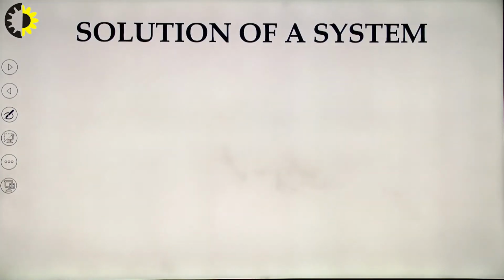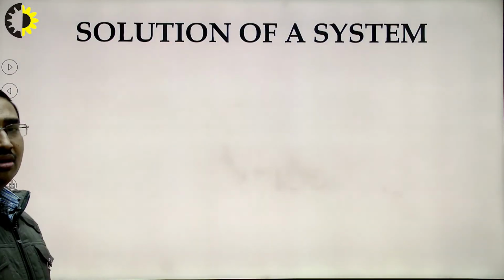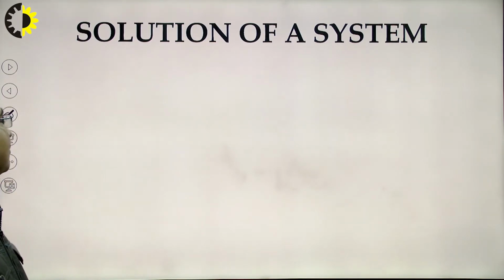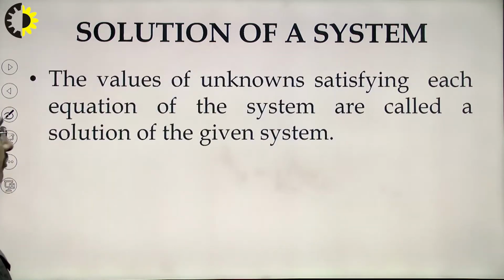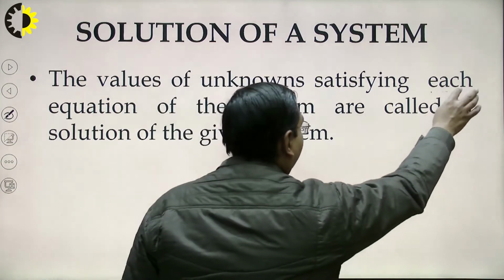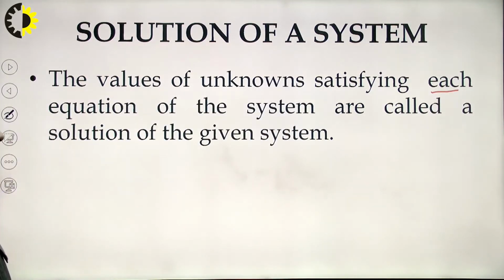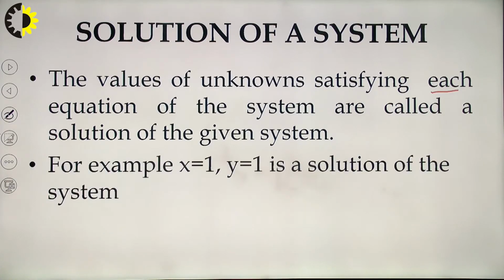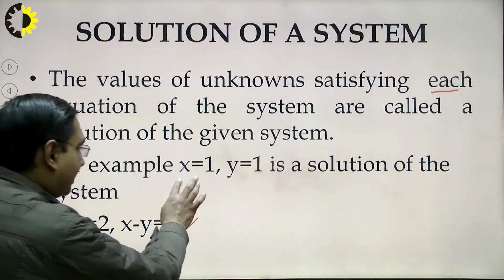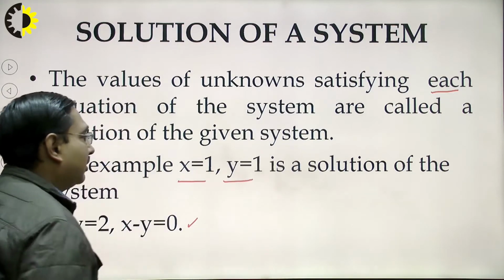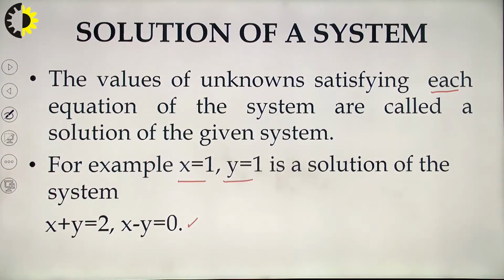Now, what is a solution of a system of equations? The values of unknowns satisfying each equation of the given system are called a solution of the given system. Thus, if I consider the system x plus y equals 2 and x minus y equals 0, then x equals 1, y equals 1 is a solution of this system.